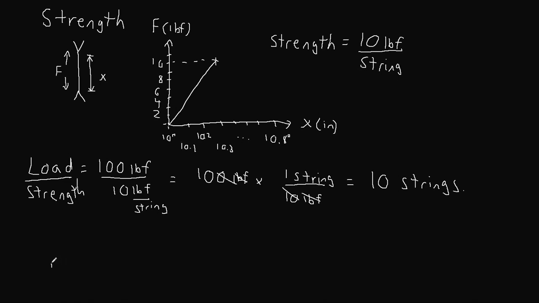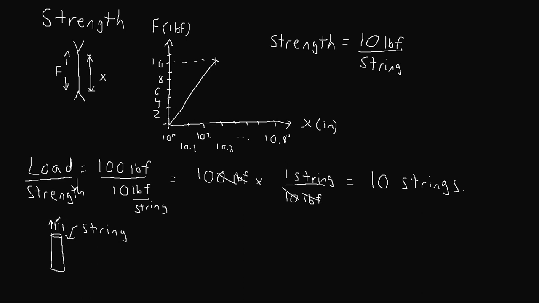If we think about any material, for instance this string, and look at it in more detail, we could say that the string is really just a cylinder. So if I'm thinking of this as a section of the string, then that 10 pounds of force is distributed evenly across its area.